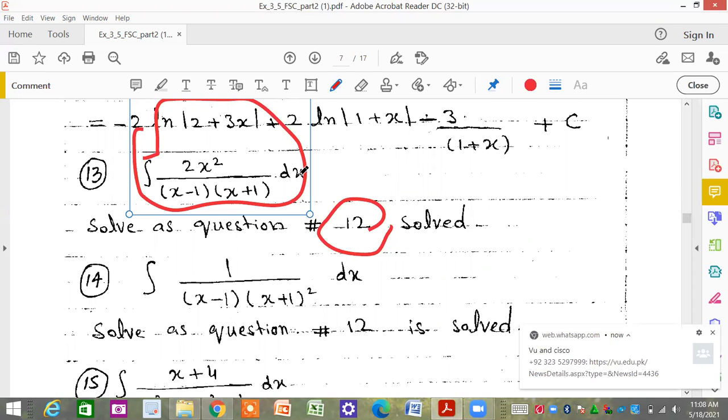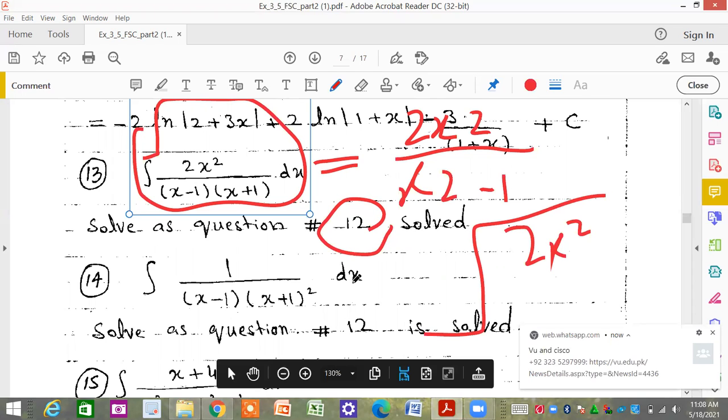We will divide. We can write 2x square over x square minus 1, since this is a plus b and a minus b. So 2x square will be divided by x square minus 1.